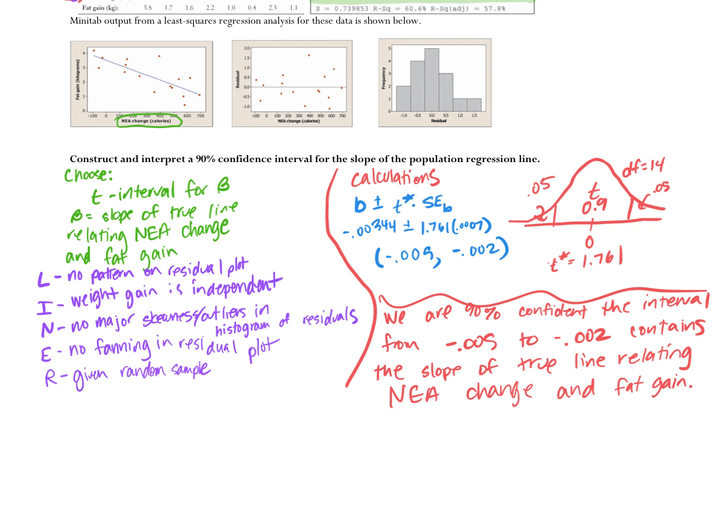What would happen if I had measured that fat gain in grams? All my y values would be multiplied by 1,000. And if all my y values are multiplied by 1,000, this becomes -5 to -2, nowhere close to 0. Do you see what I'm saying here?